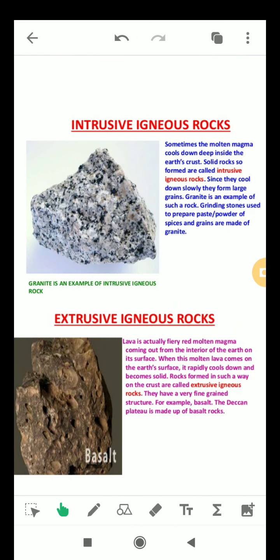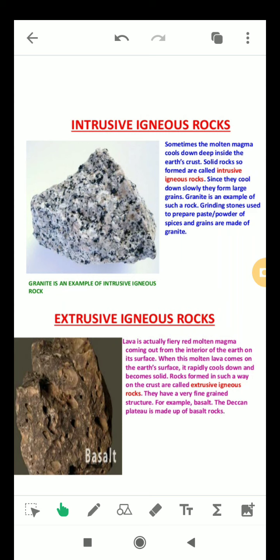Sometimes the molten magma cools down deep inside the earth's crust, and the solid rocks so formed are called intrusive igneous rocks. Since they cool down slowly, they form large grains. Granite is an example of such a rock. Grinding stones used to prepare paste and powder of spices and grains are made of granite.